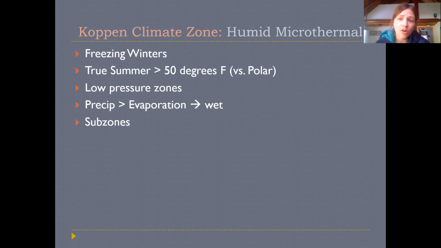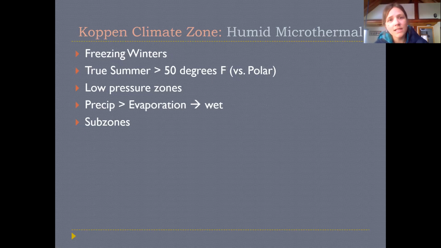So in the other zone, in the mesothermal zone, we can definitely have freezing temperatures throughout the year, but we don't have whole months where the average temperature stays below freezing. So right in Quincy, we certainly have cold nights, we have cold mornings, we have some cold days, but we certainly have temperatures even in January, even in February, where we're coming up above freezing, snow's melting, and that's distinct from this microthermal zone, which would be more extreme.